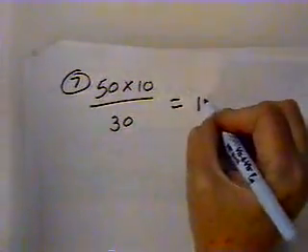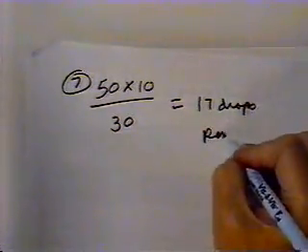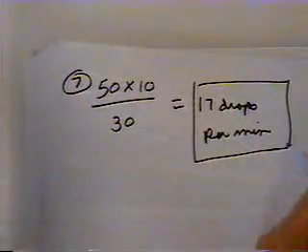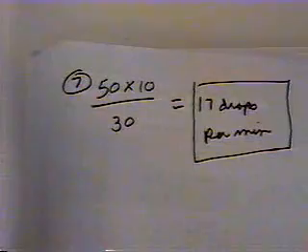And 16.6 or 17 drops per minute. So this is the exception to the rule. We don't find milliliters per hour if it's not going to run for at least an hour.